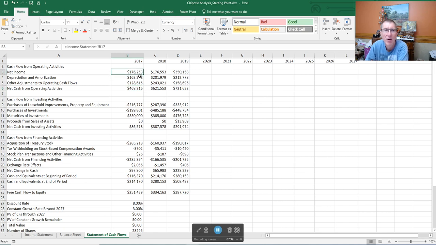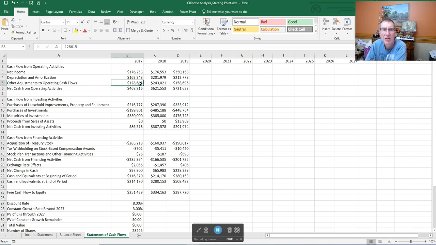So here we have our net income. Depreciation and amortization is not a cash expense, so we're going to add that back in. Other adjustments includes things like changes in receivables, changes in inventories, changes in accounts payable, all those working capital items, also some lease adjustments and things like that. And what we see is over the last few years, that's been a net positive for Chipotle.